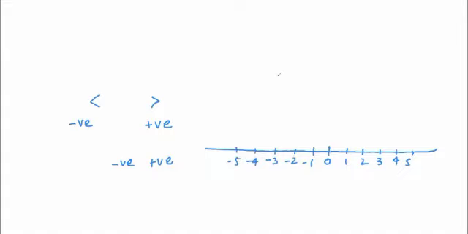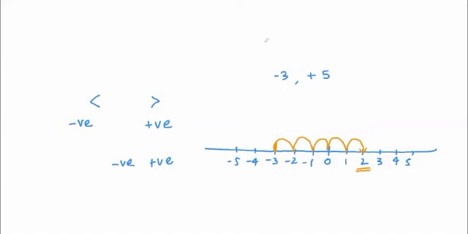Let's say I took the negative number -3 and the positive number +5. So I start from -3 and I have to move 5 houses. Which side? Positive side. 1, 2, 3, 4, 5. So my number which I get is 2.